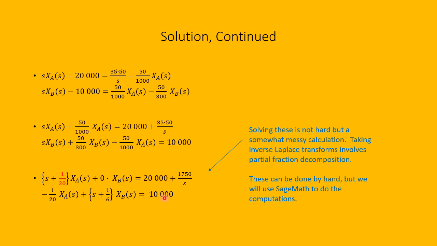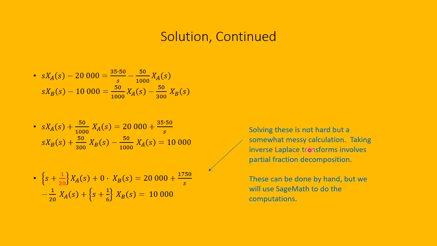Okay, so we have two equations here in capital X sub A of S and capital X sub B of S. And solving these equations is not hard. It's solving two equations and two unknowns, but it does get a bit messy.